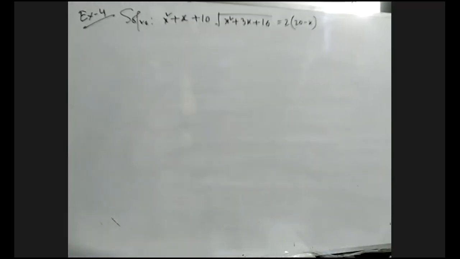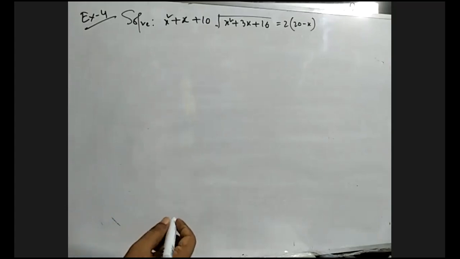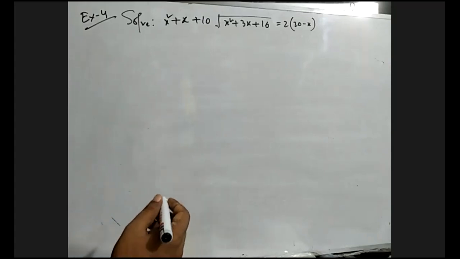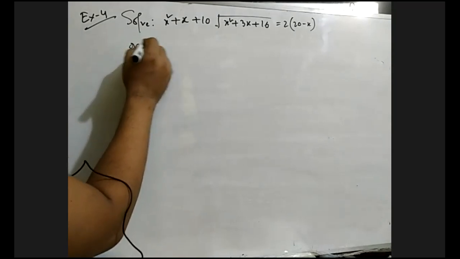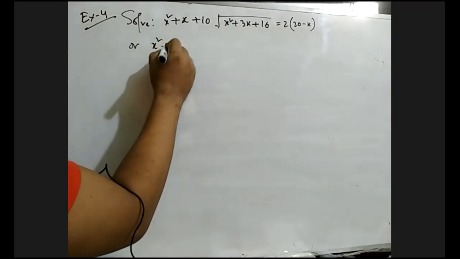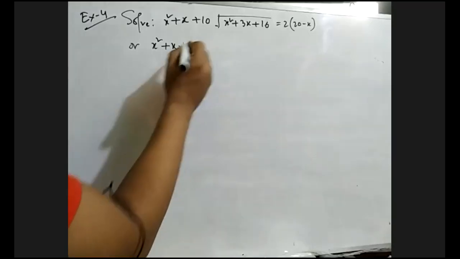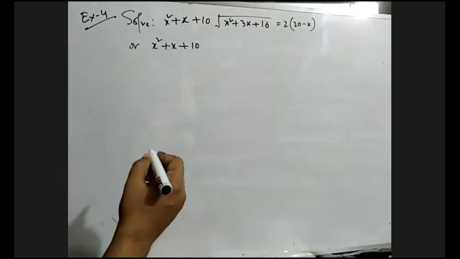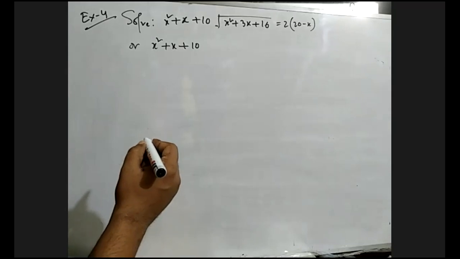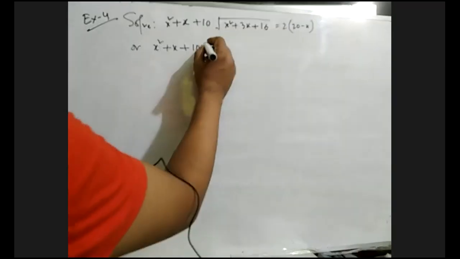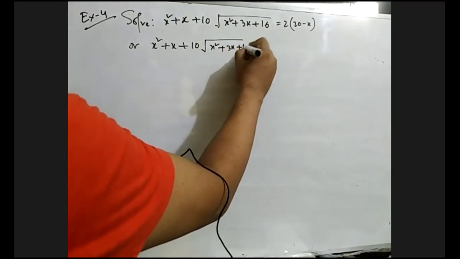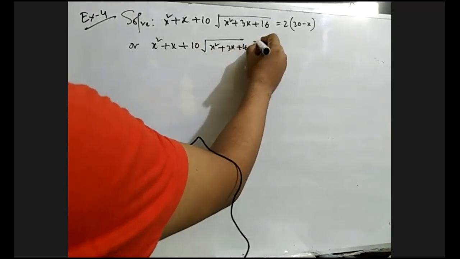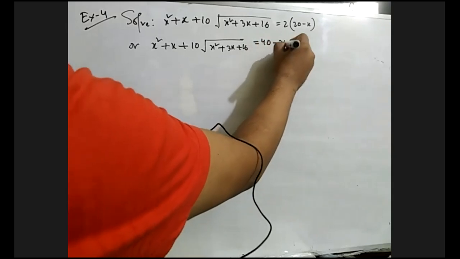Now how to solve this equation? The given equation can be written as x square plus x plus 10 root over this equals 40 minus twice x.